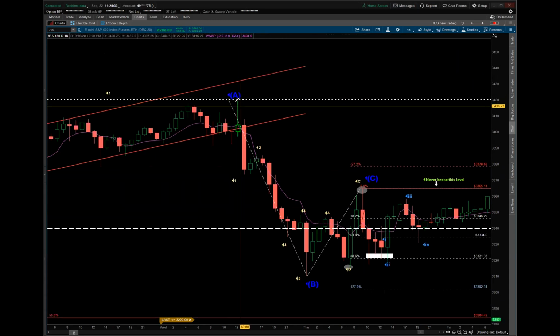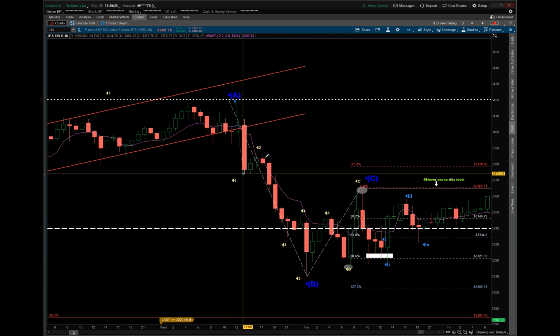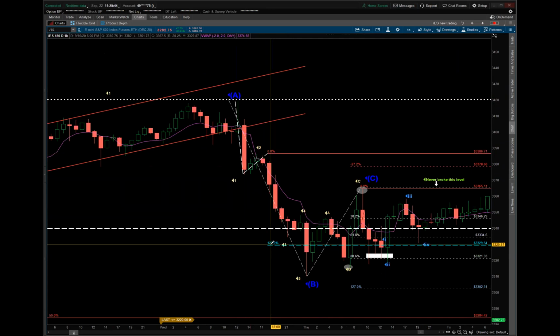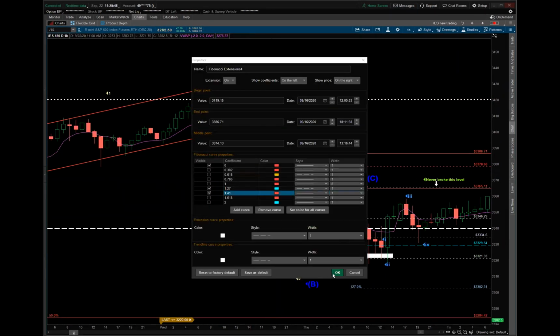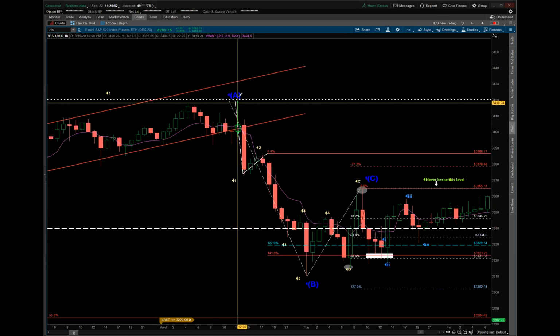If we see it falling, we can trace an A, B, C, and here. So this is an example of an ABCD.